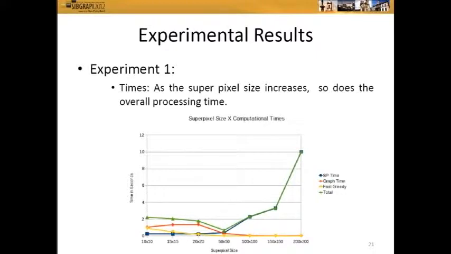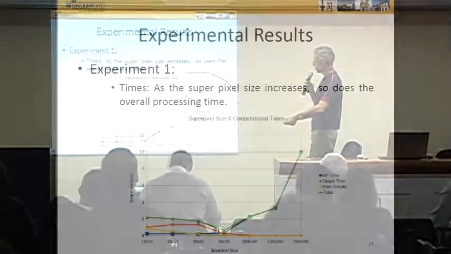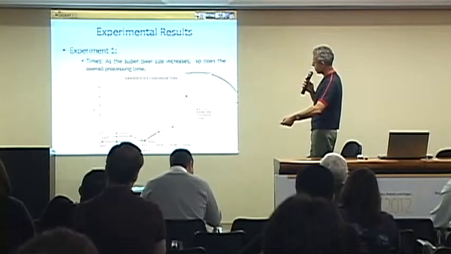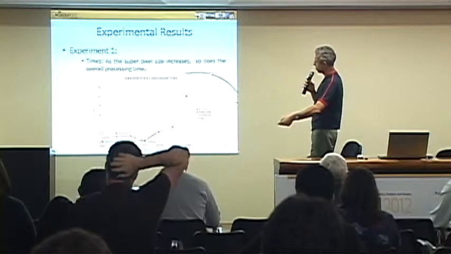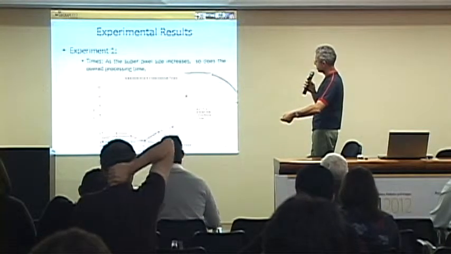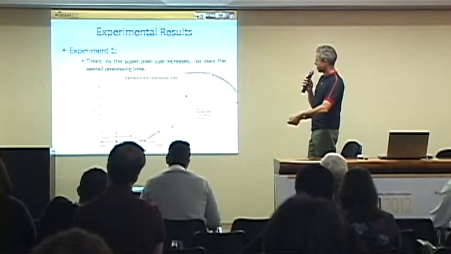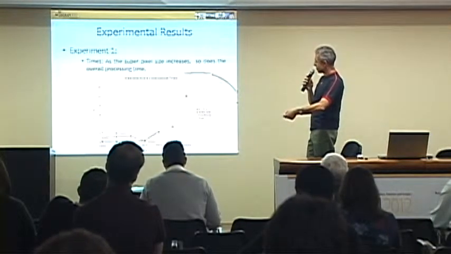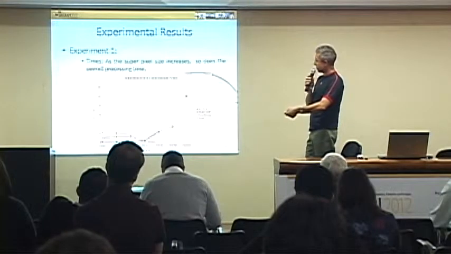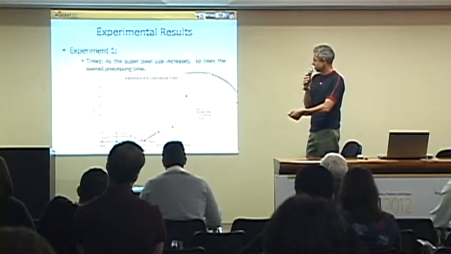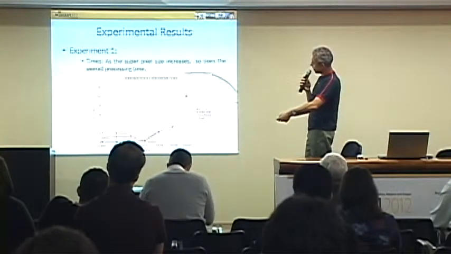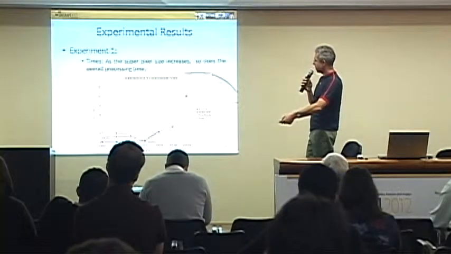This plot here shows time in seconds as you increase the superpixel size. The blue line is the superpixel time. As you increase the superpixel size, the time to converge for the superpixel also increases, which is obvious. So the trade-off then should be okay.